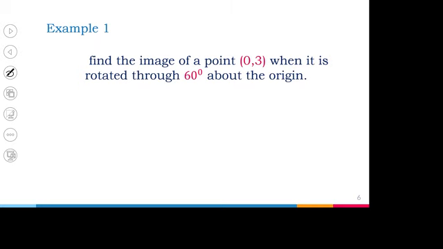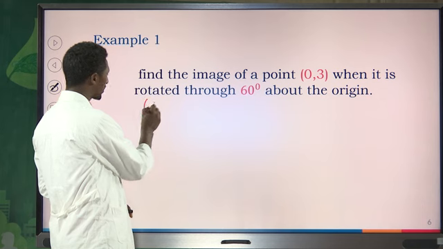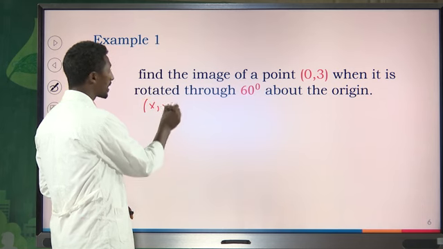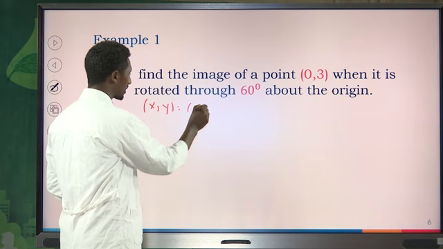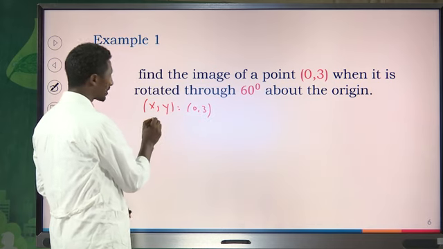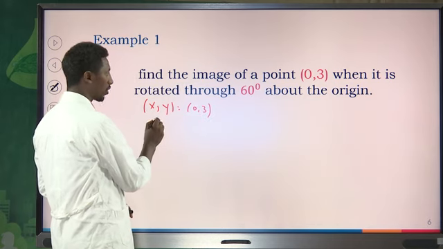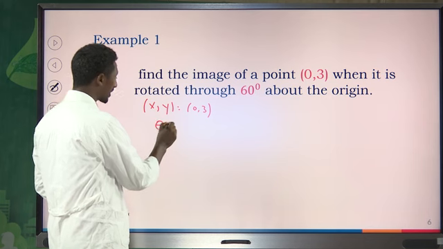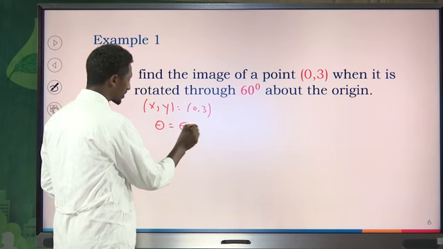Now find the image of the point (0, 3) when it is rotated through 60 degrees about the origin. Now we have this point, (x, y) equals (0, 3), and the center of rotation is the origin, and an angle theta equals 60 degrees.